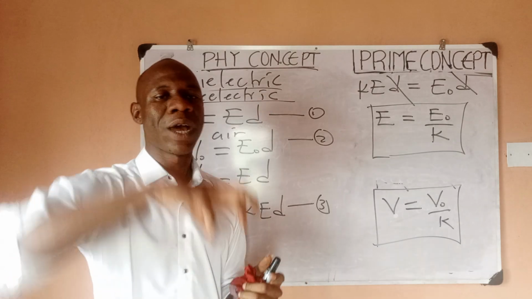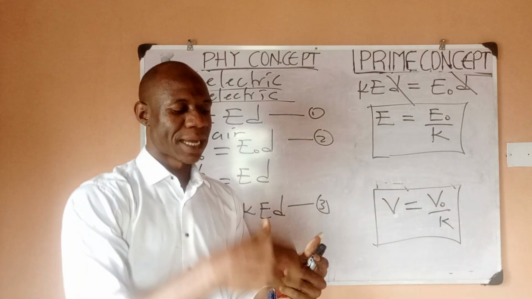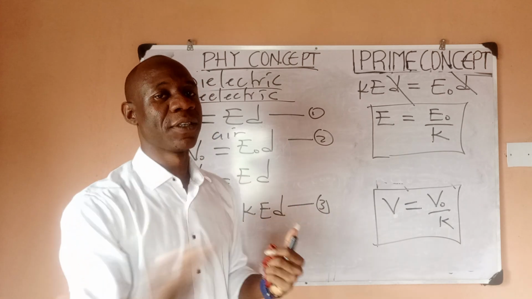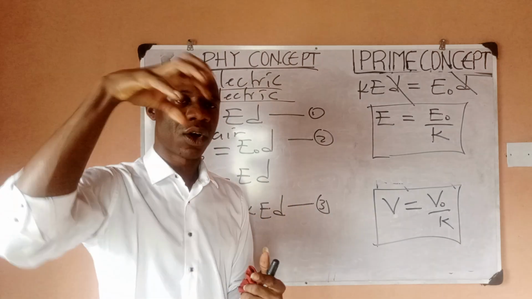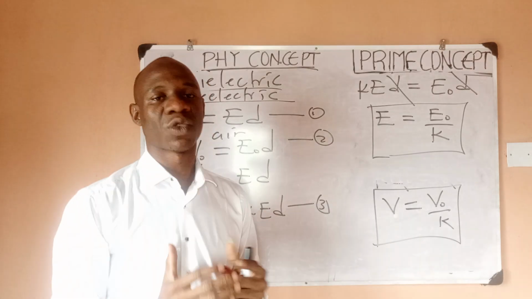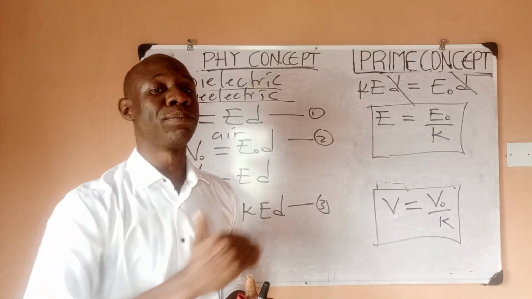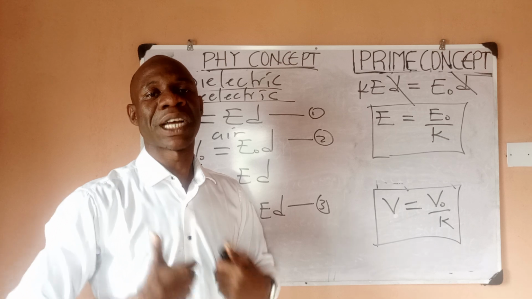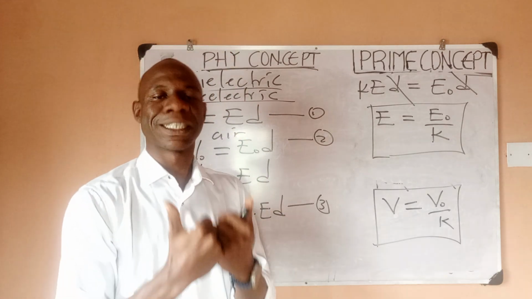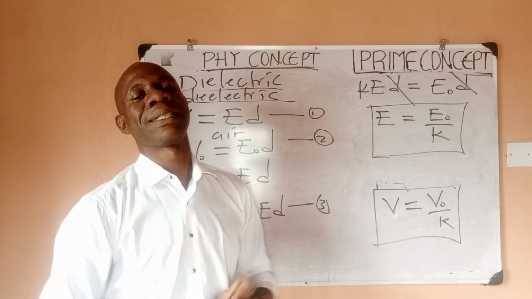Under the condition where the dielectric material becomes ionized and can permit electric field to travel through it, we say the dielectric material has experienced what we call dielectric breakdown. So when the potential difference becomes too high, the dielectric material would experience dielectric breakdown.